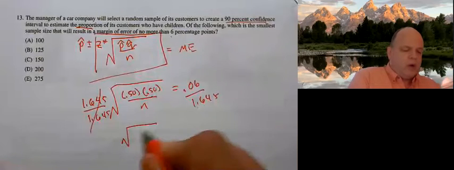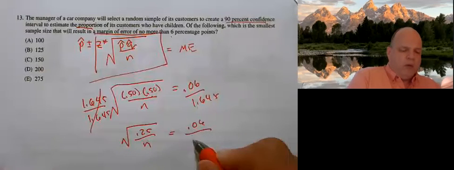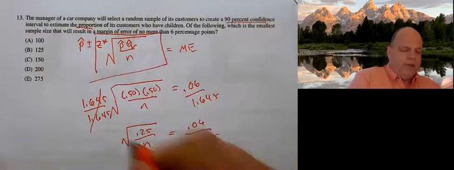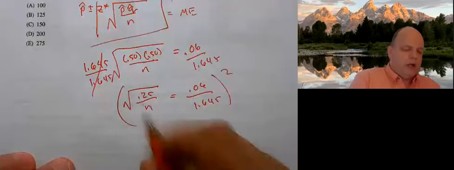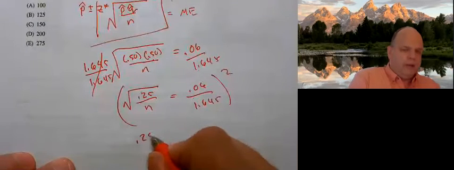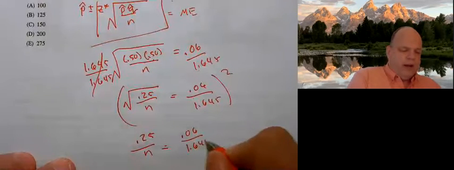So we have the square root of 0.25 over n equals 0.06 divided by 1.645. If I square everything, the radical comes off, and I have 0.25 over n equals 0.06 over 1.645 squared.